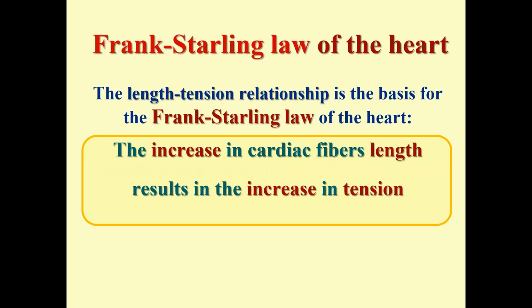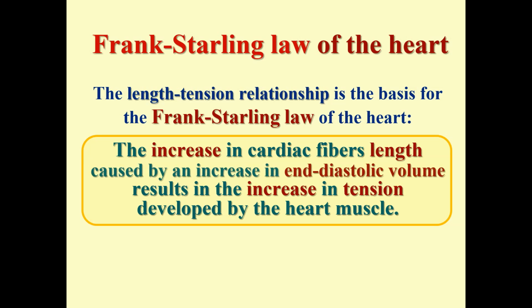It results in the increase in tension or force of the heart contraction. So let's move back. End diastolic volume is an important factor that stretches the heart fibers, and this stretching until a certain degree produces higher and higher force of contraction.